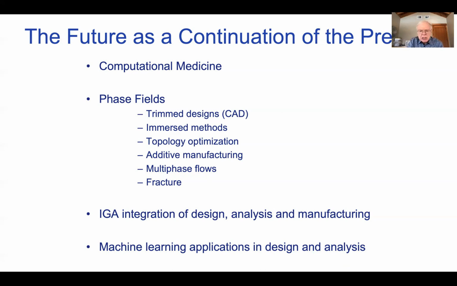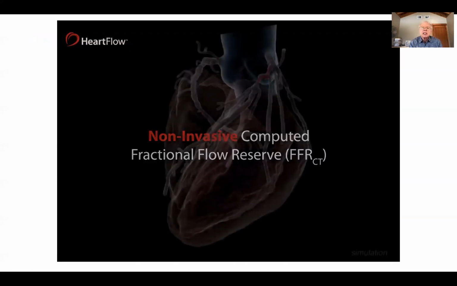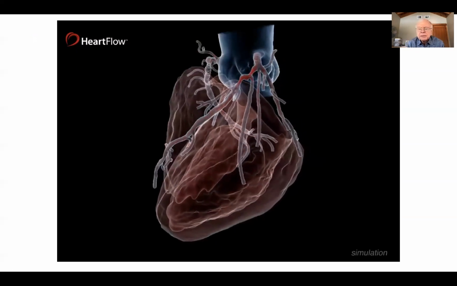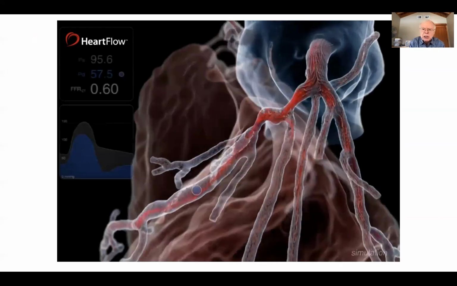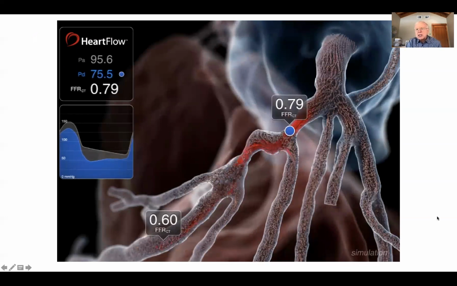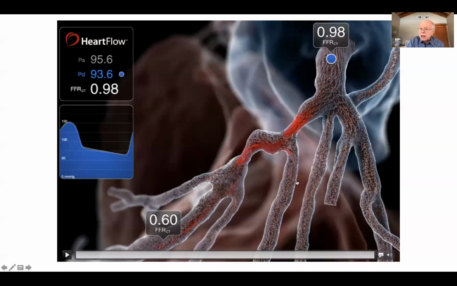So that remains to be seen, but there's a lot of effort taking place right now. I think HeartFlow is an example of a company that illustrates this combination and this dichotomy between machine learning and traditional analysis techniques. They do coronary disease diagnosis virtually by doing analysis of patient-specific coronary anatomies.